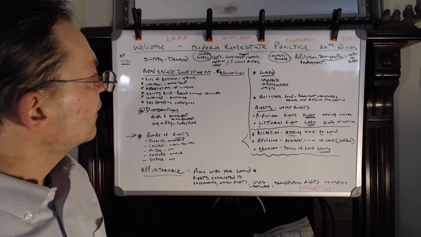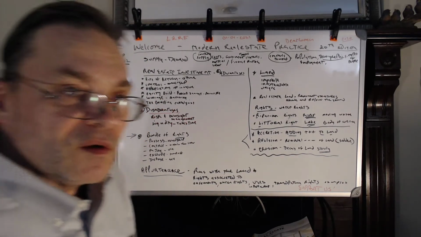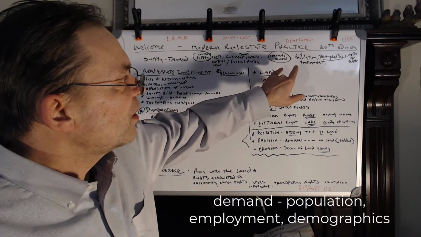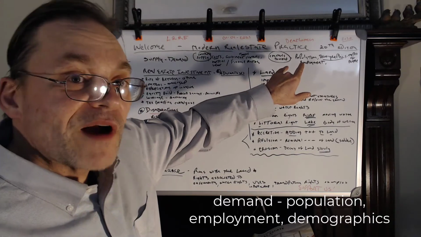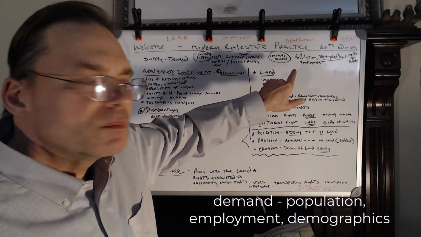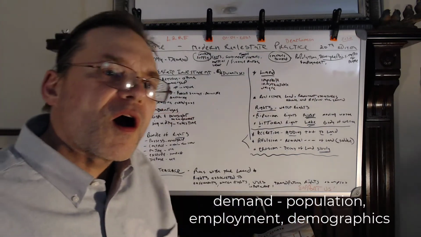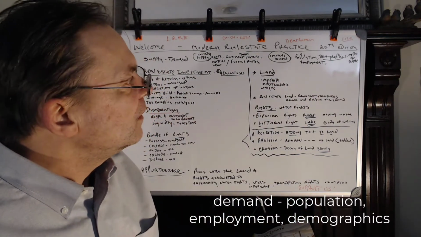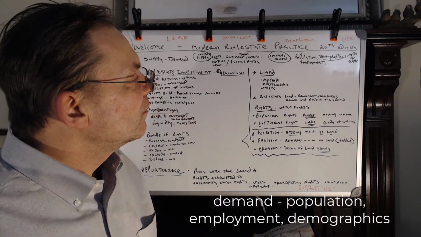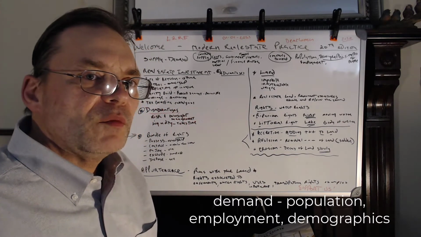Those control supply. On the demand aspect, which is part of the demographics, the number one factor has to do with population. The more people there are in a certain area, the more demand there'll be on housing.